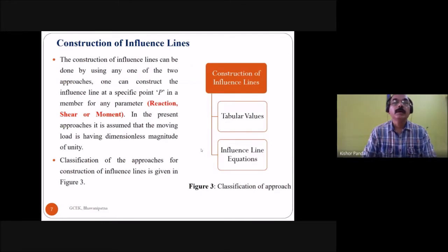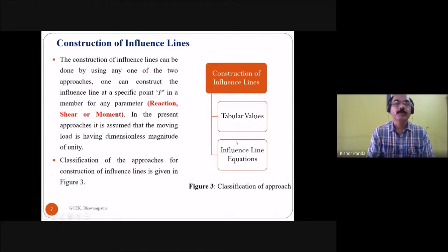Then how to construct the influence line? The construction of influence lines can be done by using any one of two approaches. One can construct the influence line at a specified point P in a member for any parameter: you can draw for the reaction, or for the shear, or for the moment.